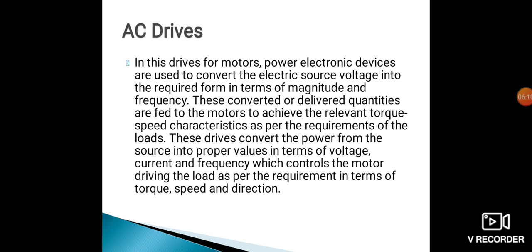That means the AC drive converts the AC power input from the source into the proper value of voltage, current and frequency to achieve the required speed, torque and direction for the electric motors. So according to the requirement, these parameters can be changed.